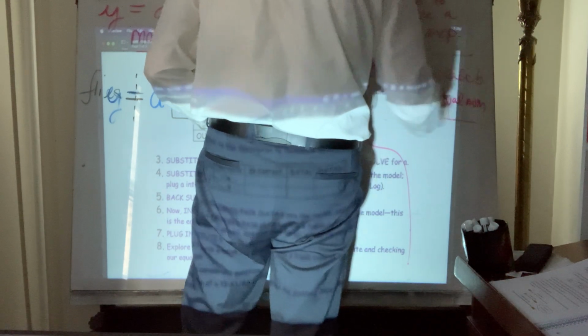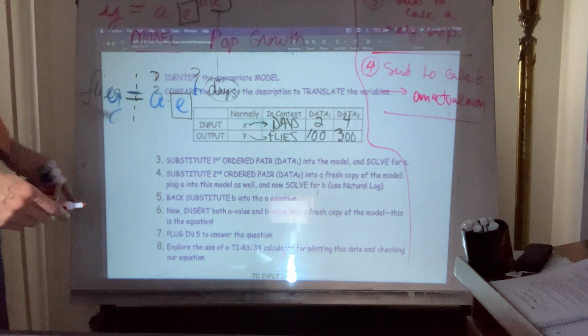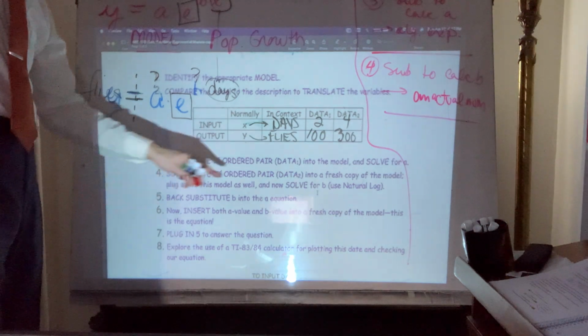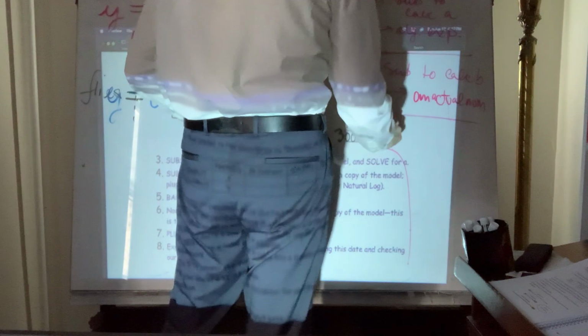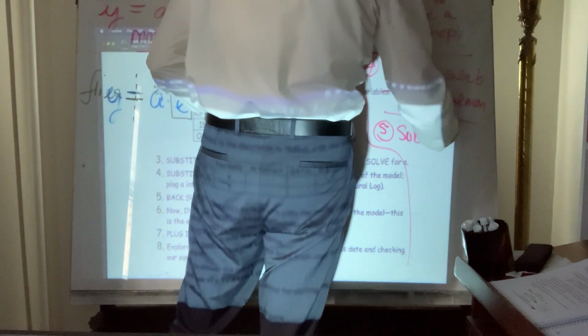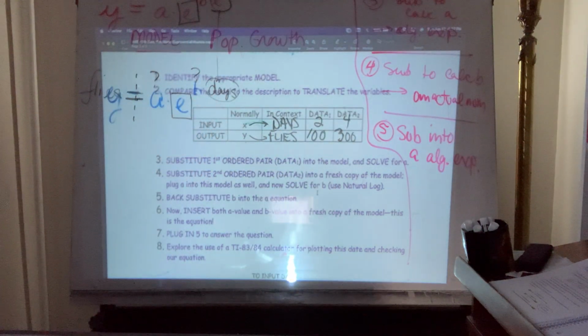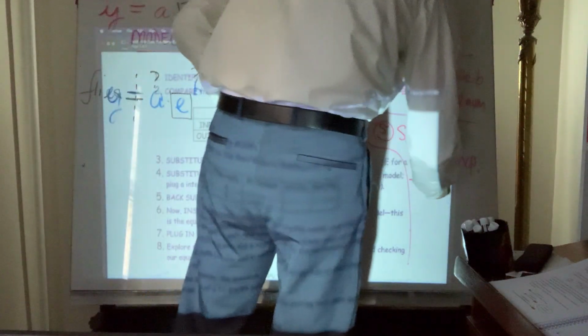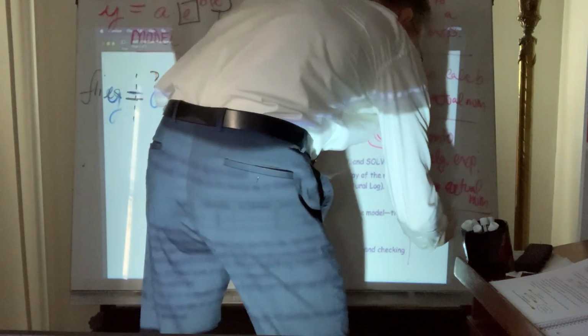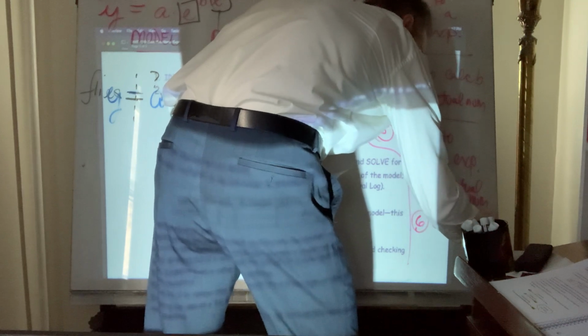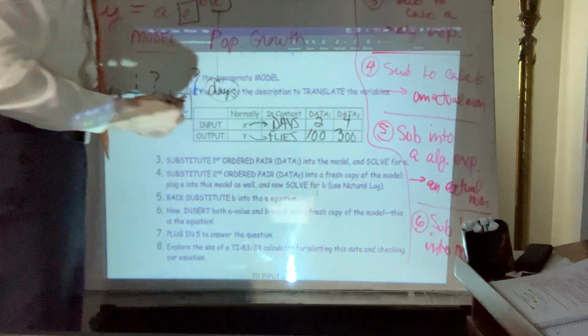And then you're going to put B into the A equation, sub B into the A algebraic expression, and you'll figure out what A is; this will give you an actual number as well. And then sub both into the model. That's essentially the process.